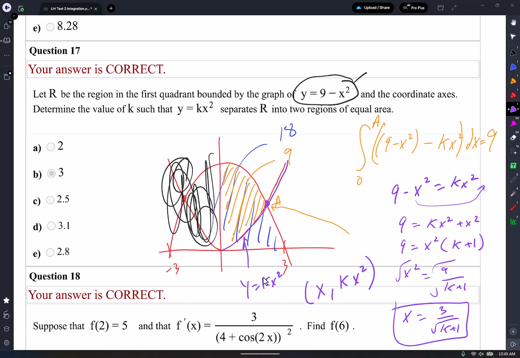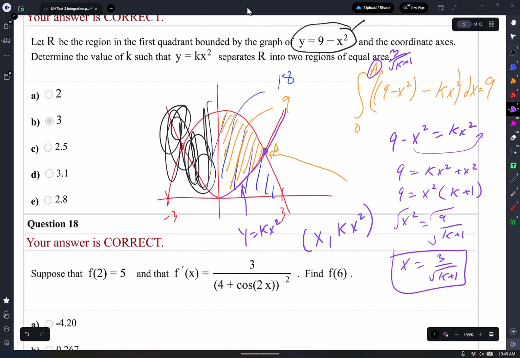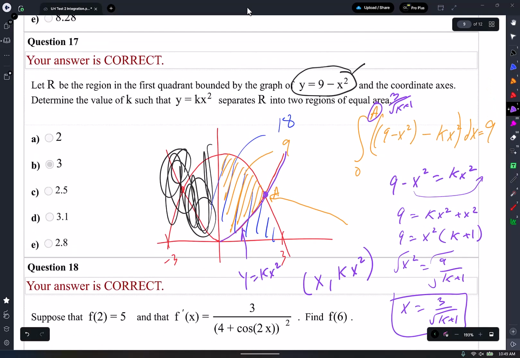It's the positive root because we're in quadrant 1. Hold on, guys. So this value is 3 over the square root of k plus 1. They're going to force me to do it by hand. Okay, that's fine. I'm just going to do the antiderivative of this, then plug in and set it equal to 9, and use my calculator.